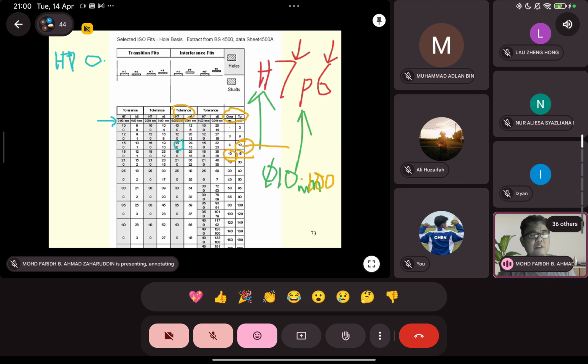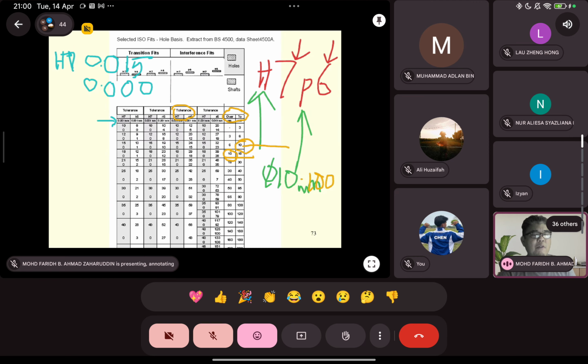Tak perlu calculate. You dah tahu dah jawapan dia berapa. Cepat. 0.15 ke, Doktor? Okay, 0.015. The below one, this one is the upper value, lower value 0.000. Okay, pandai. Thank you, Alisa.